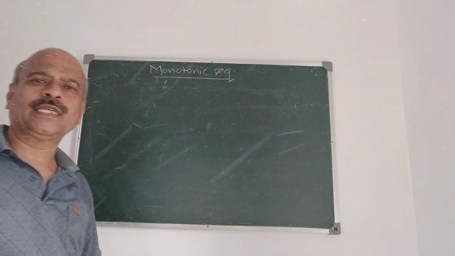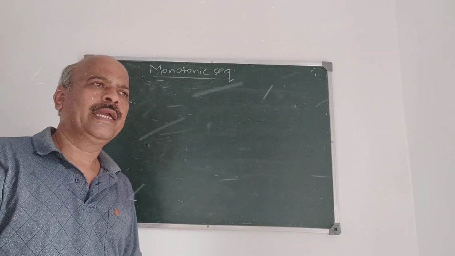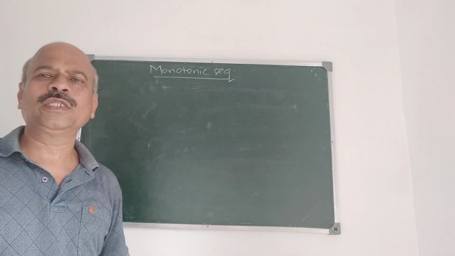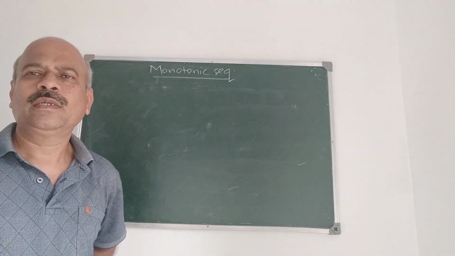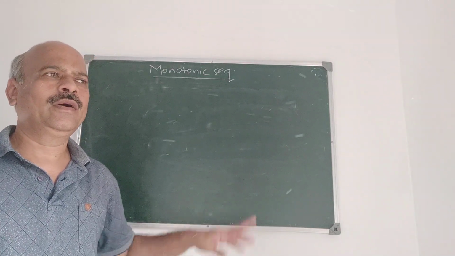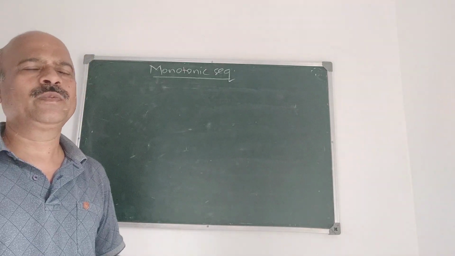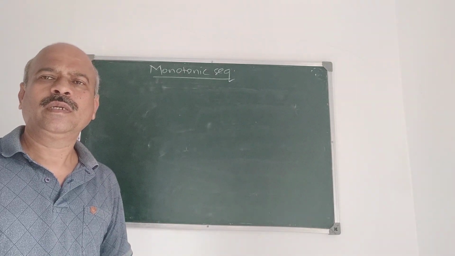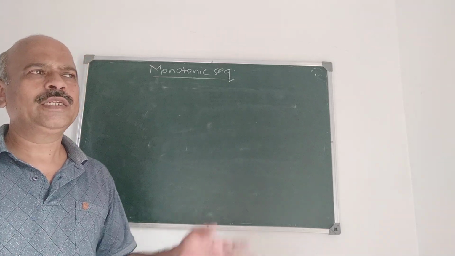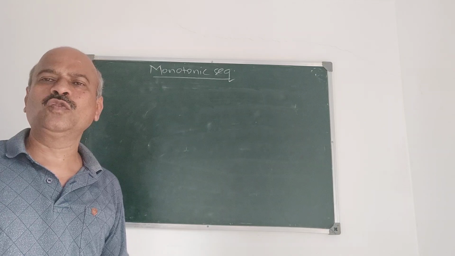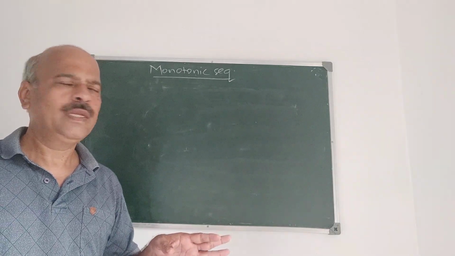Try to understand the concept one by one. I give the questions on this topic. What are the questions you may expect? From the topic that I have covered, you can expect questions like this. Prove that the limit of a sequence, if it exists, is not unique. One theorem.